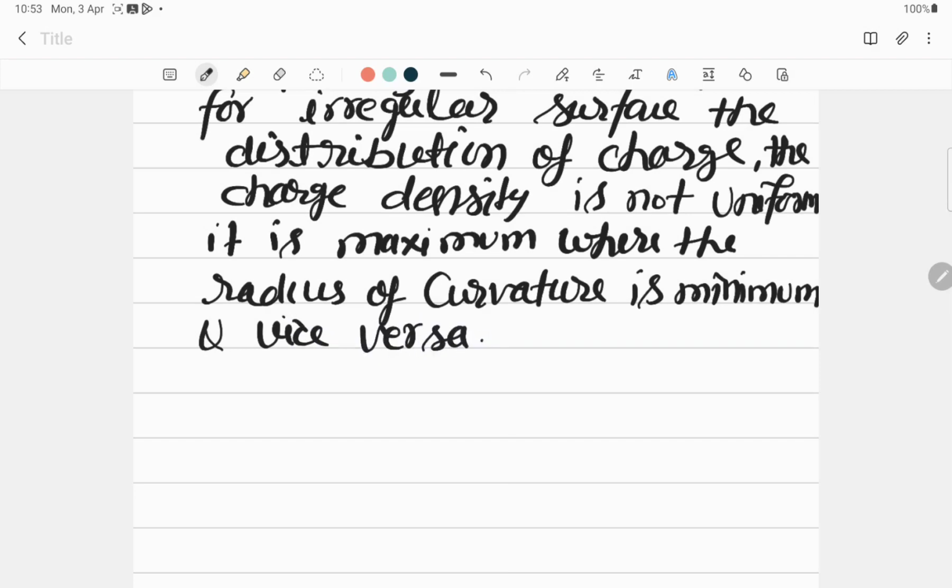Vice versa means it is minimum where the radius of curvature is maximum.